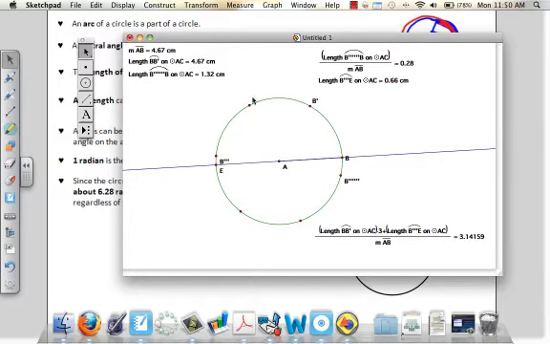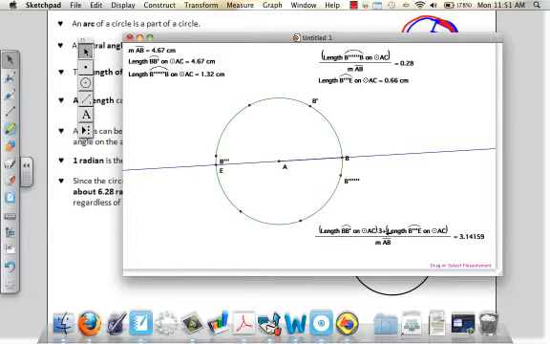Now I did that as many times as I could: 1 time, 2 times, 3 times, and then this little piece right here. I wanted to find out how many radii it took to get to the other side of the diameter. I found out that this little piece was 0.14 of a radius.